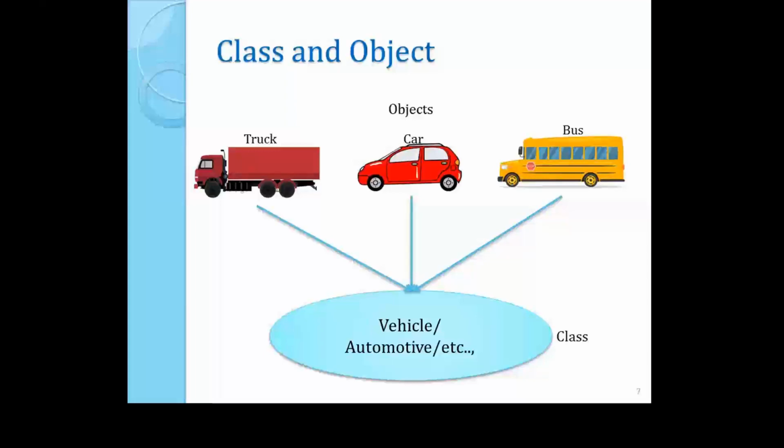That's why we can group these three things together under a vehicle or automotive component. This example focuses on an external perspective. But when you go internally, as software engineers, in a programming perspective, what are all the properties and functions present inside these objects?